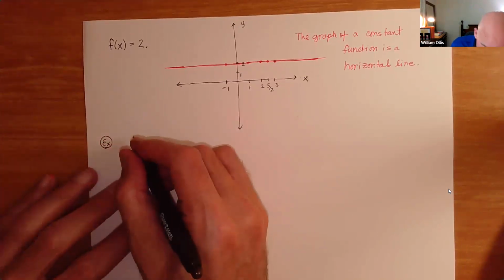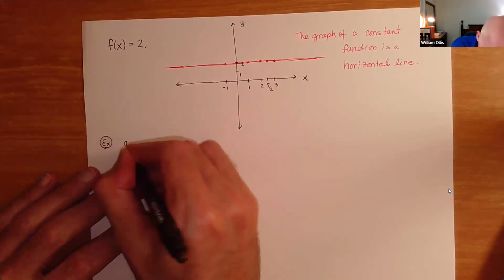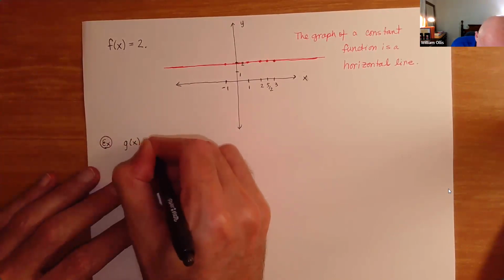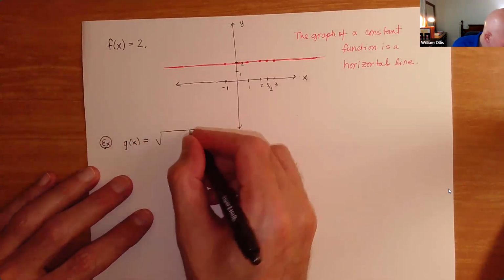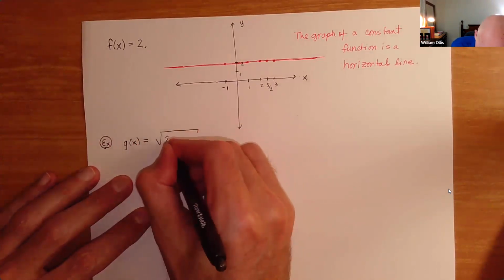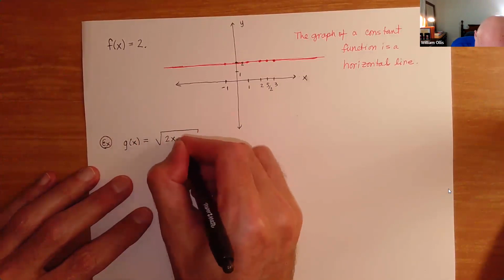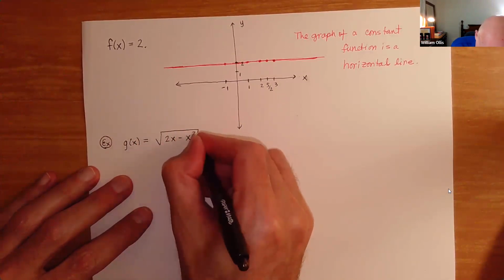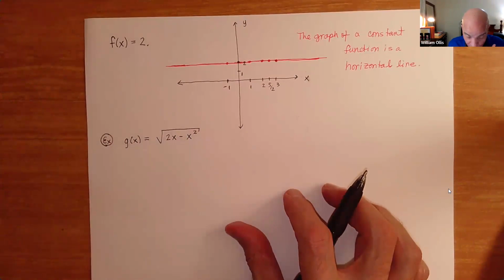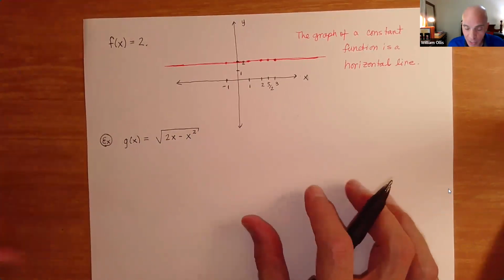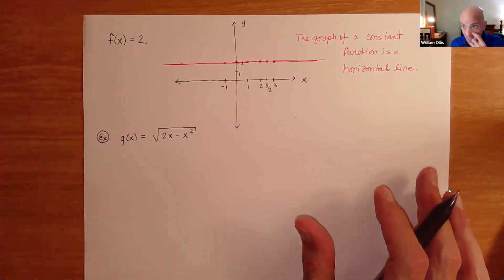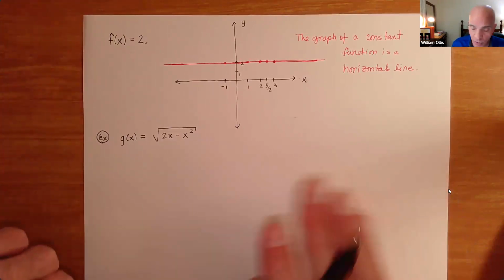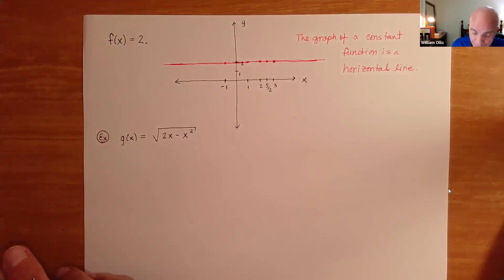So let's just say, let's use the letter G. G of x equals, let's just say the square root of 2x minus x squared. Now, when we look at this function, this is going to open the door to implicit equations and explicit equations, which is very important in mathematics, and which is what I need to talk about now.